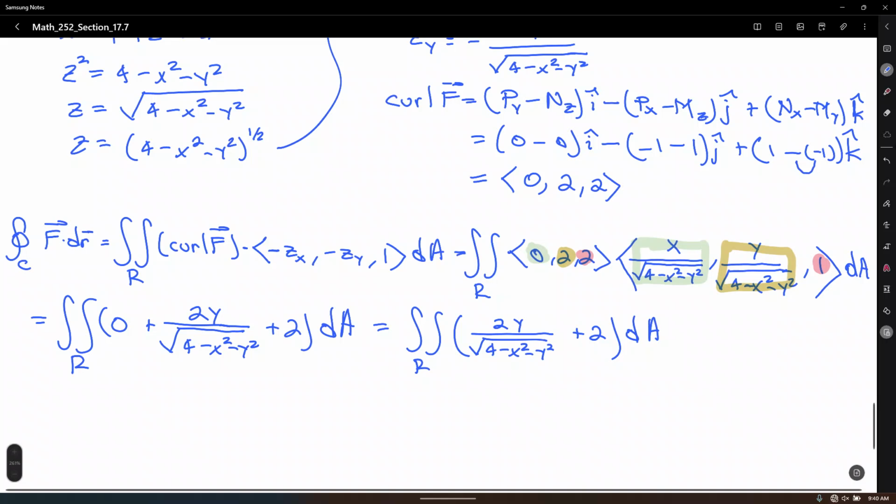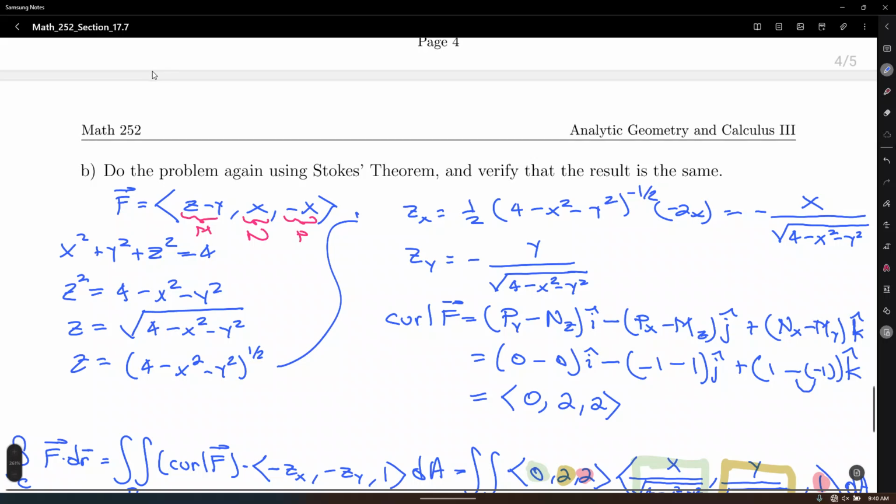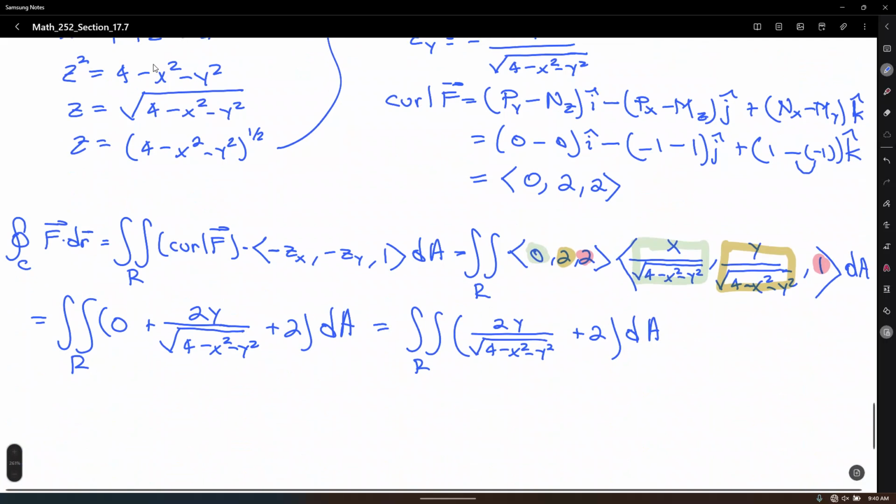How do we iterate dA? dy dx, dx dy? Polar form. Why polar form? Because you get an r on the bottom. So that's one of the reasons. Number 2, the most important one, is that we're integrating over a circular trajectory, right? So polar will come in handy here.